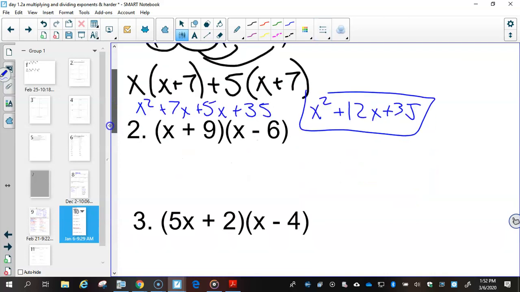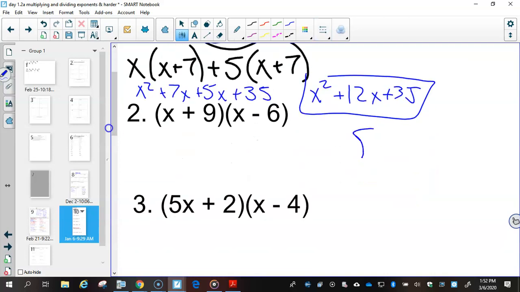Another way you may distribute is by using these 4 letters, FOIL. So we're going to multiply our first 2.